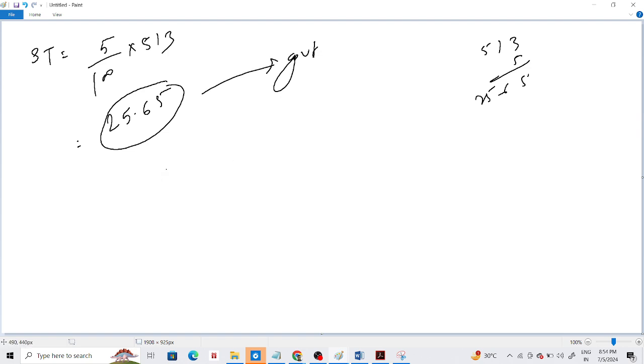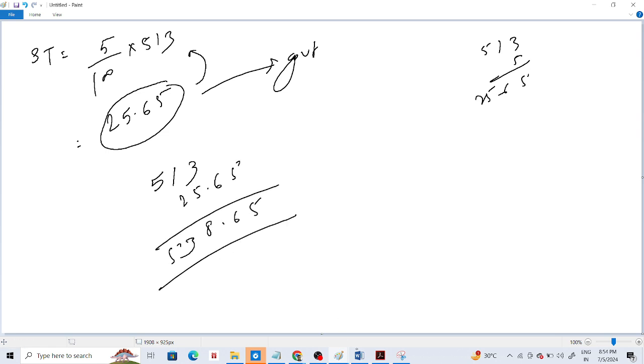But what he is doing, whatever money he has to pay to the government, he is adding that money on that selling price. Okay, and this is what he is receiving.